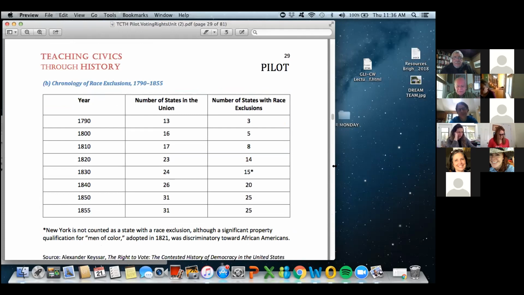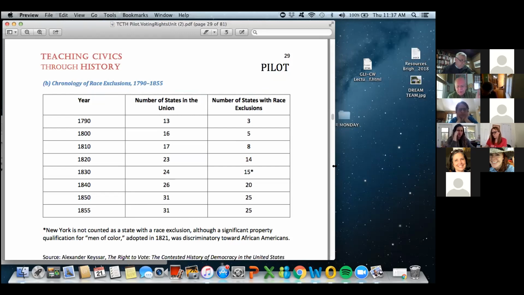In 1790, where there are 13 states, 3 states had exclusions of African American voting. And then you can see the progression. By 1855, when there are 31 states, 25 states have restrictions and exclusions against African Americans voting. And these 31 states include the North as well as the South.